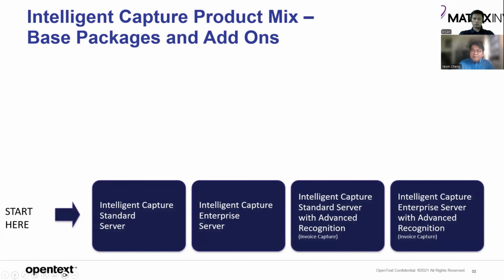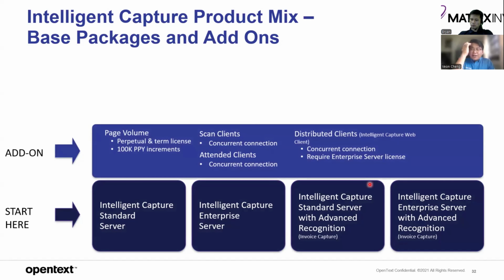So these two are the basic packages that do not do the auto classification nor extraction. It's just purely converting it into a searchable PDF and then exporting out, or we can use it for recognizing barcode or QR code. Usually what we sell to customers is the advanced recognition, where they classify documents and extract the documents' metadata.